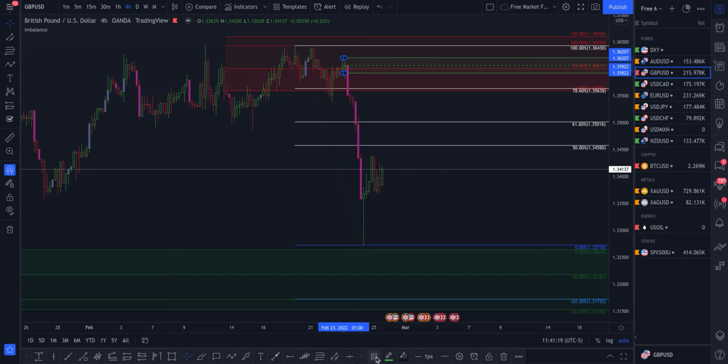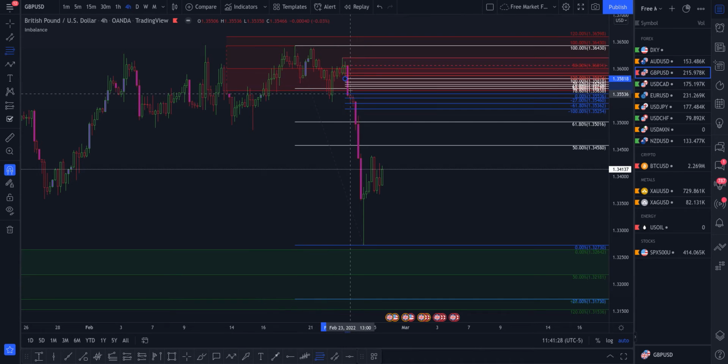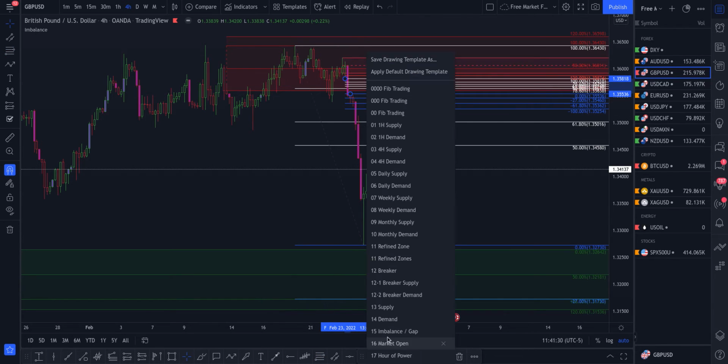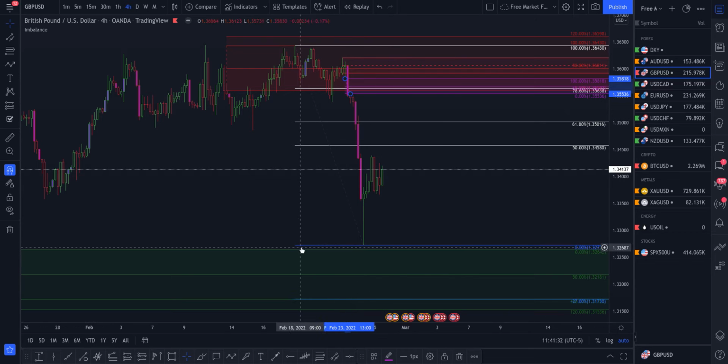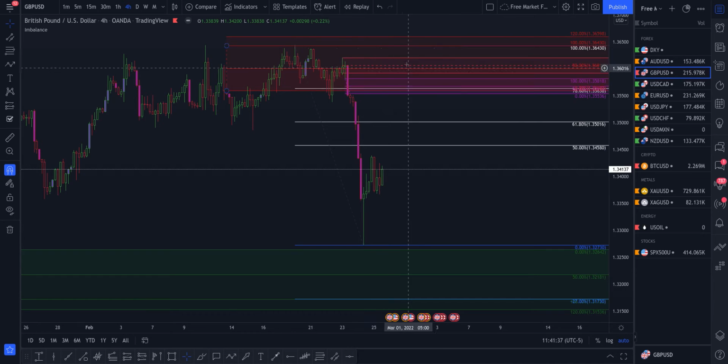I'm going to take that as my zone, put it in supply. And what else do we have, guys? We have imbalance sitting right here. Okay, let's go ahead and select our imbalance. So price could definitely come back to fill this gap and tap into this supply zone right here.